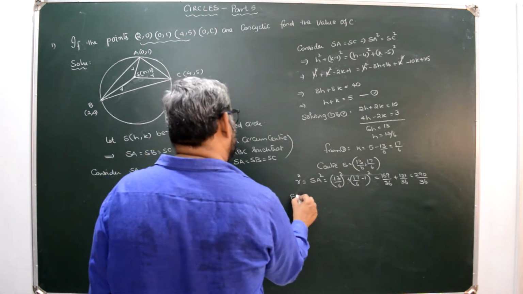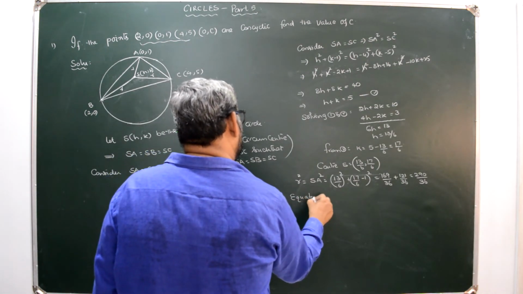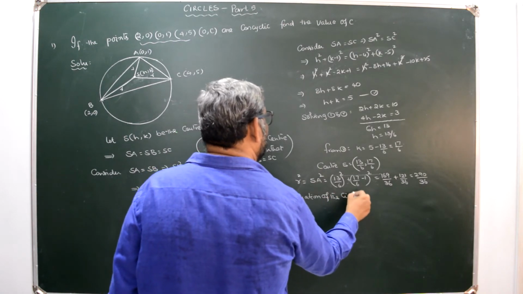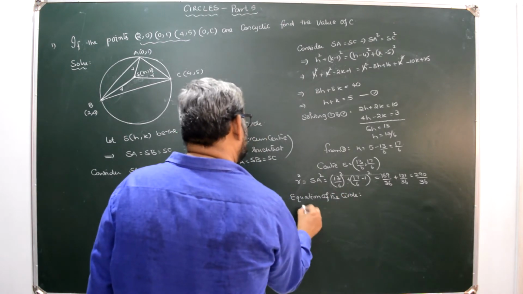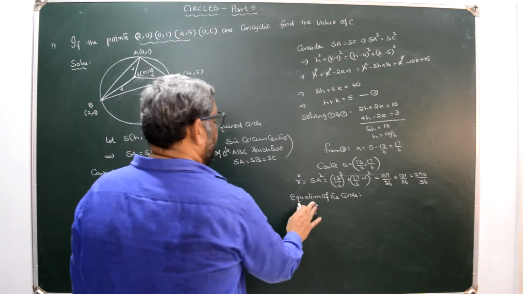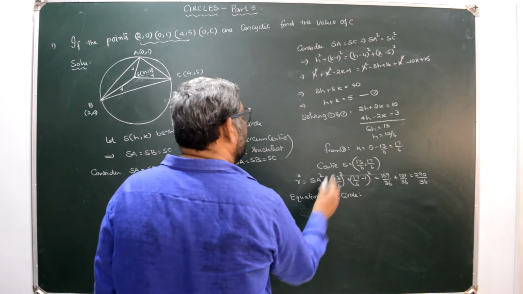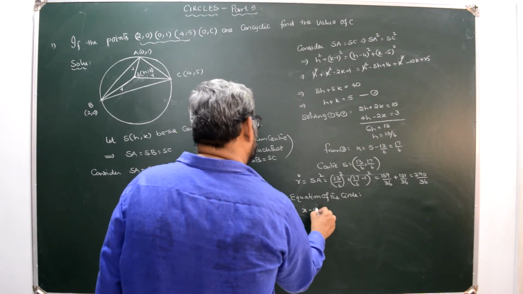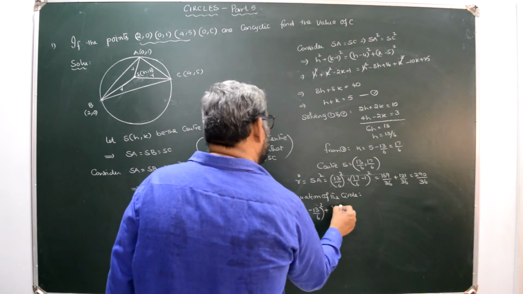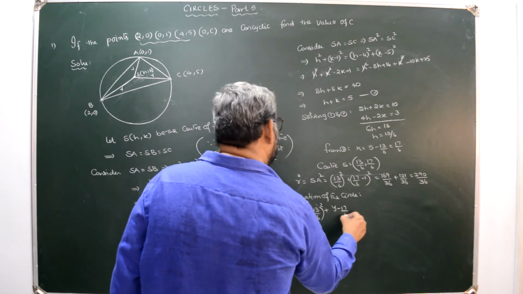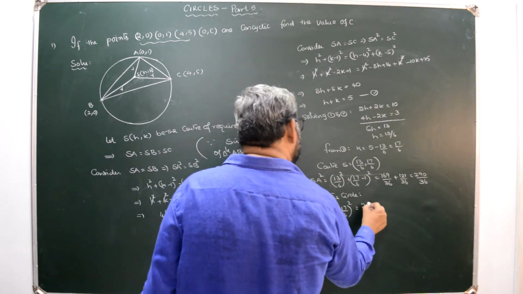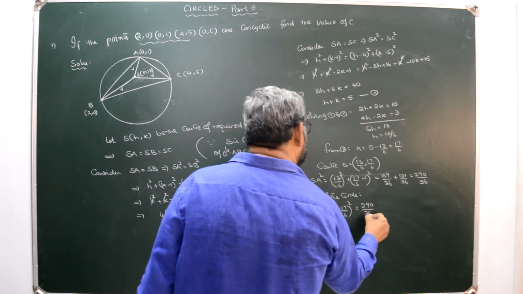Now the equation of the circle. You can write it like this, otherwise (x minus h) whole square: (x minus 13 by 6) whole square plus (y minus 17 by 6) whole square is equal to R square, 290 by 36.